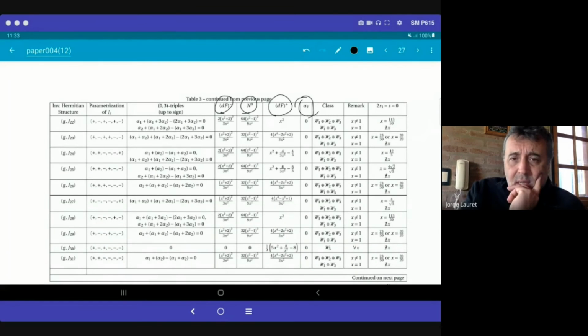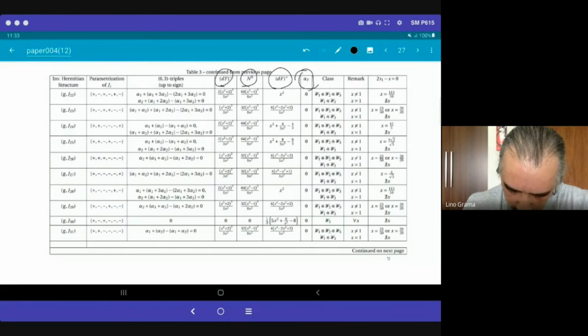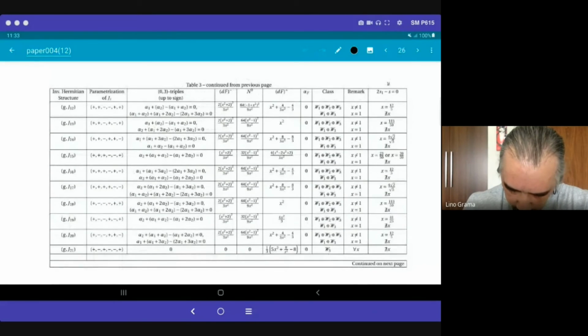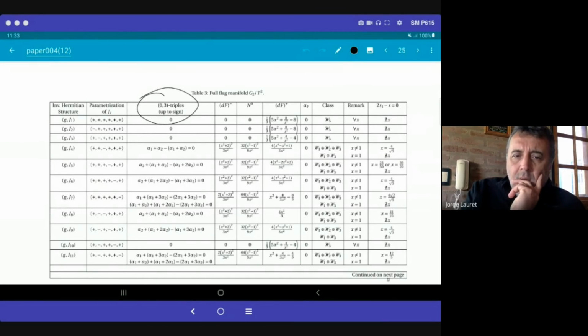And did you get any example of that? Okay, let me check. No, not at the same time. But this is just for the G2. Okay, thank you.